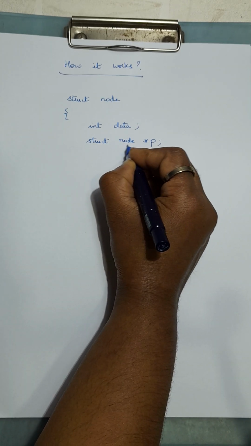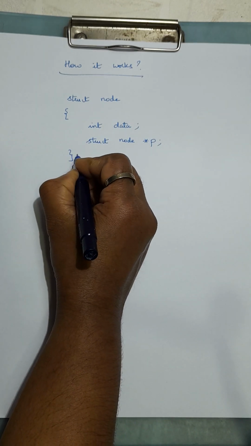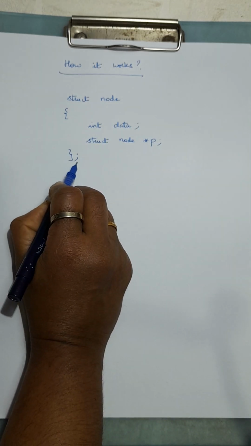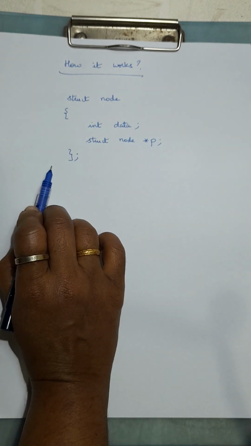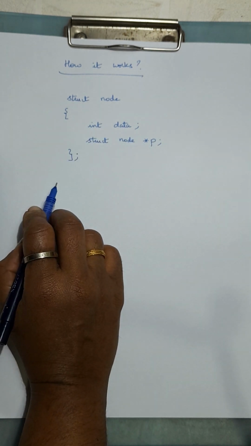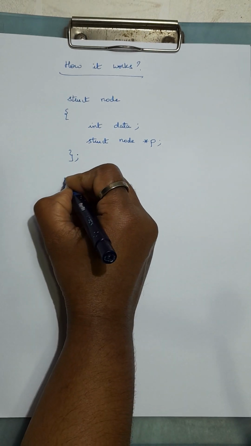It is pointing to the structure node, which means it is pointing to itself. The syntax is that we have to terminate the structure with a semicolon. Now these are the member variables. How do I access the member variables? Using a structure variable.